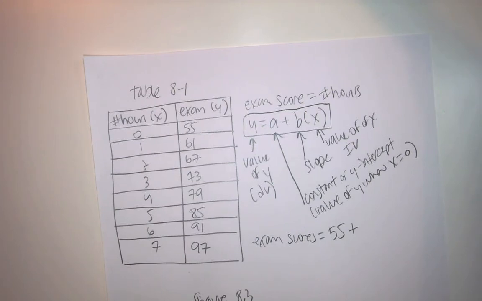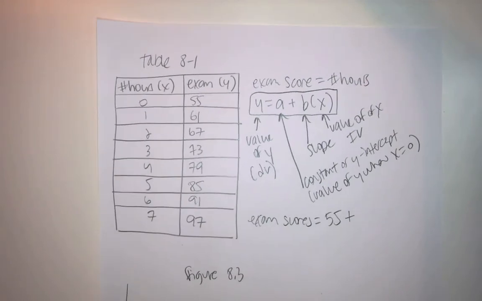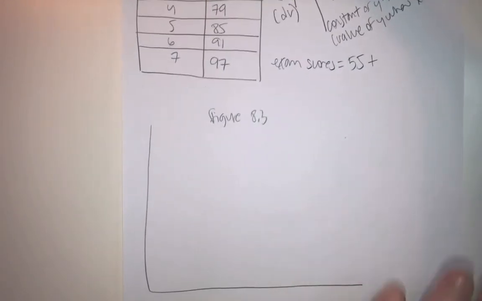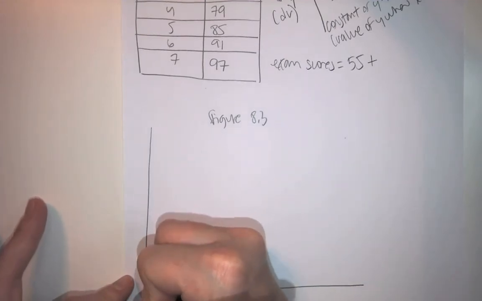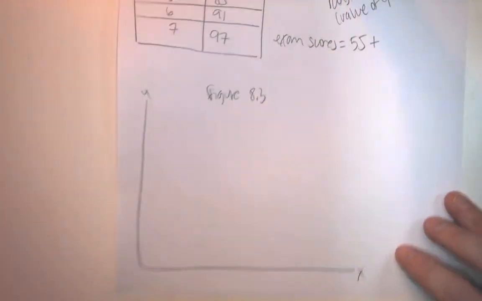Going back to this example to build out the rest of our equation, we need to figure out what the slope is. You can enter the data into a graphing calculator. Your book asks you to plot out this example, and that's what you would do with SPSS to run a scatter plot.